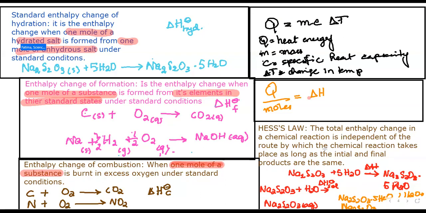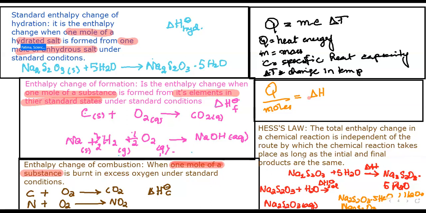Am I directly reacting the reactants and getting the product, or am I getting the same product but in a different series of reactions? It doesn't matter what I do. Do I perform multiple small reactions and add up the values, or do I do it directly? It doesn't matter. All that matters is that the initial and the final product are the same.